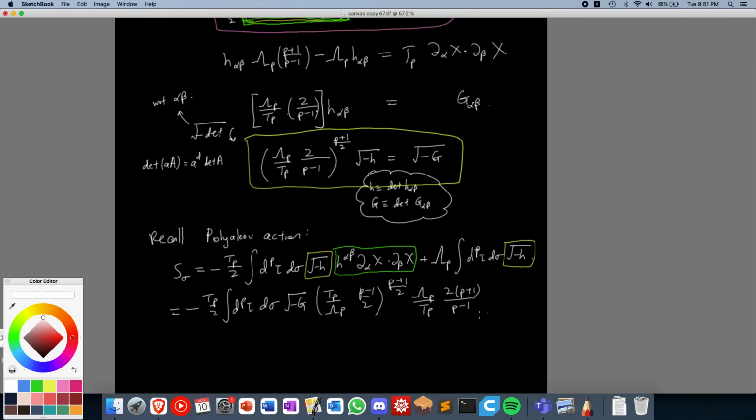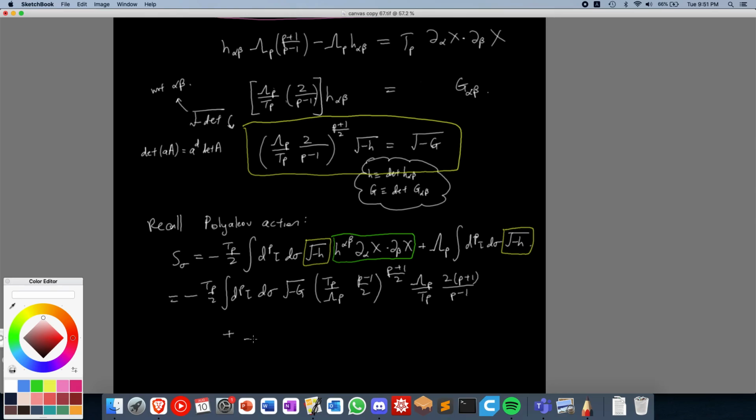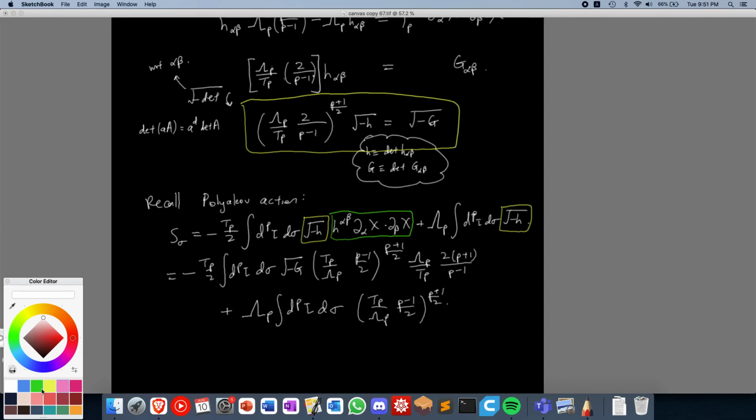Then we just do the second term first, so that would be tp over lambda p minus 1 over 2, p plus 1 over 2. Just to clarify, this green one is the green one over there, and the yellow terms are then, oh, I forgot the determinant over here, so the yellow ones are then this.